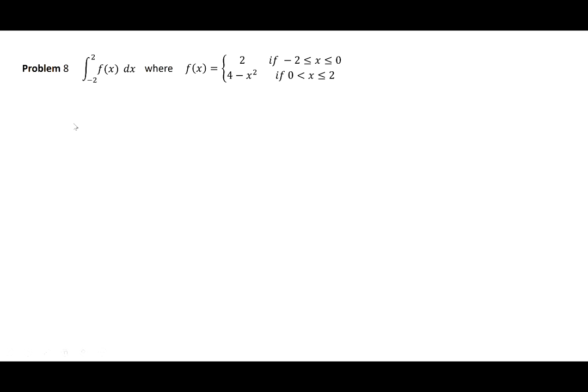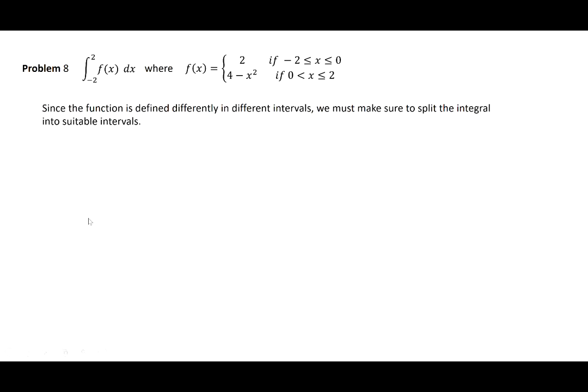All right, so if we need to evaluate the integral from -2 to 2, how do we do that? Oh, you remember that thing? Integral a to b can be split as a to c plus c to b. That's what we're going to do. Since the function is defined differently in different intervals, we must split the integral into suitable intervals. That is, we split this into -2 to 0 plus 0 to 2.